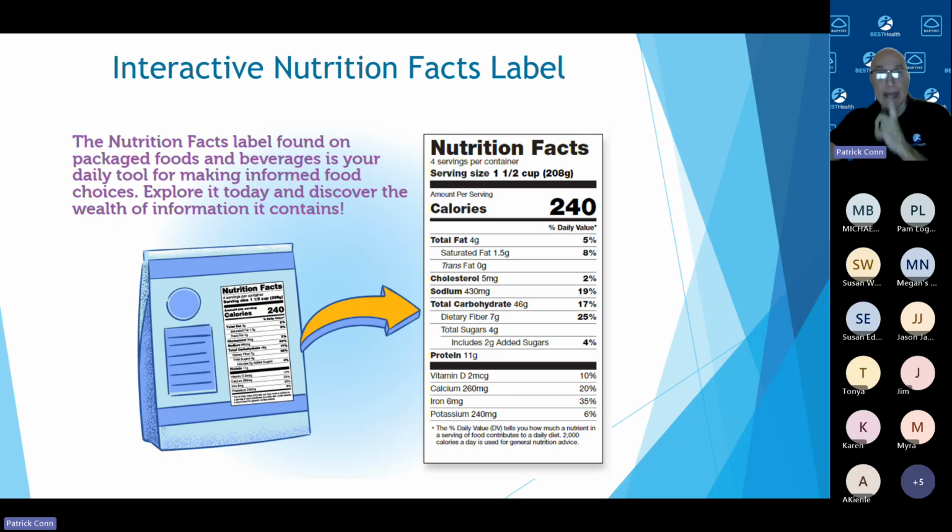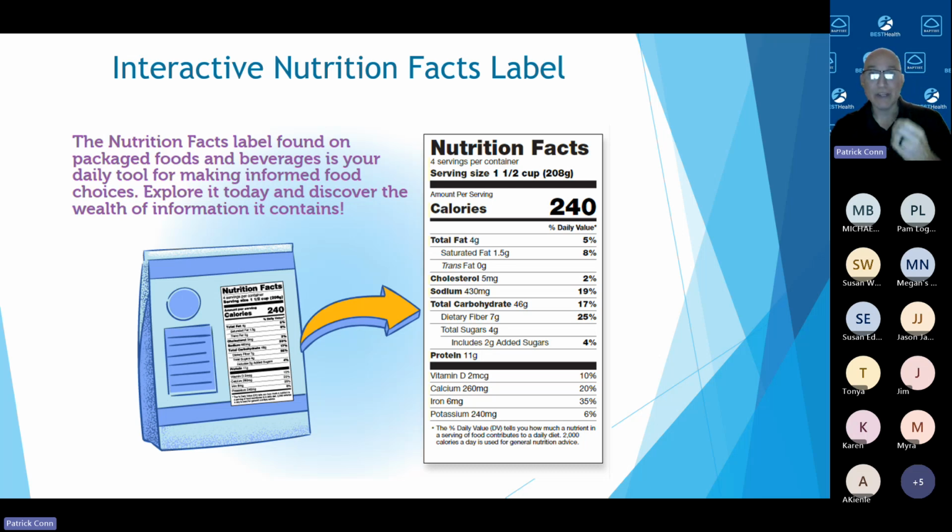Now, I don't know if anyone had a chance to look at the interactive nutrition facts label tool that I did include in that email. If you haven't, look at that because it's really good.